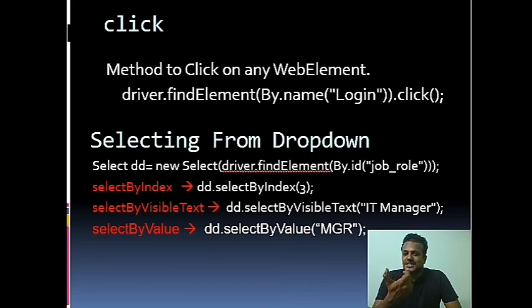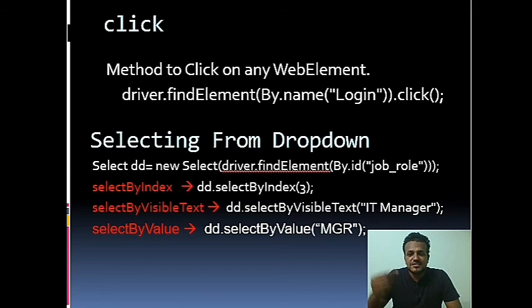Visible text is the text that is displayed in the UI, that can be used to select a value. Value is the value that is going to be inserted on selecting a particular option. You have a value attribute for the option that will be used to insert the value in the DB. These are the three ways that you can select a value.